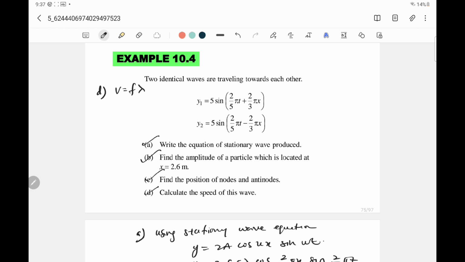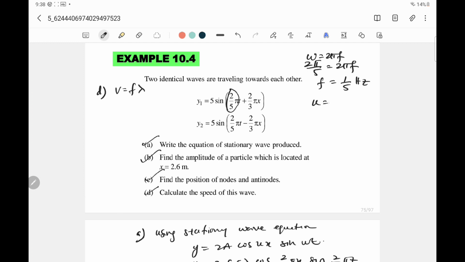Your omega equal to 2 pi f, and omega is here. 2 pi over 5 equal to 2 pi f. So your f is 0.2 hertz.